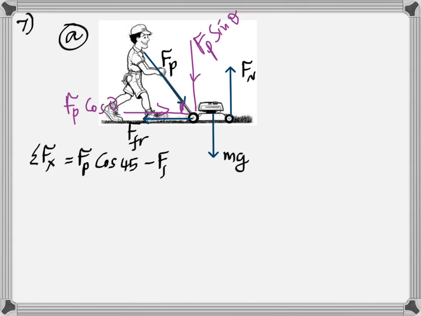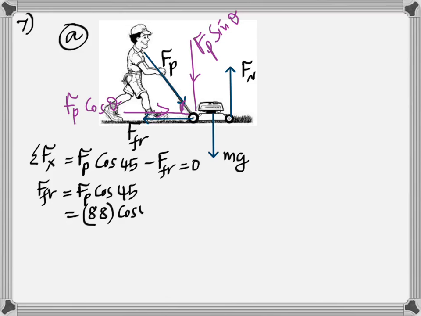So when you take all the forces along the x-axis, you get Fp cos 45 minus friction equal to 0 because it's not moving, or it's moving at constant speed. In either case, there's no acceleration. Therefore, friction is simply 62.2 newtons.